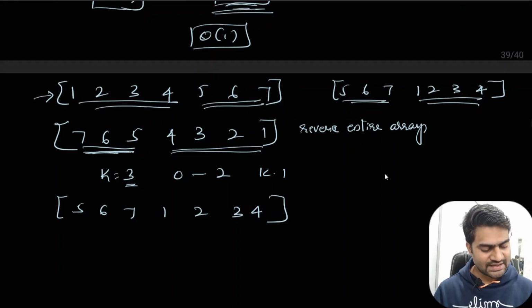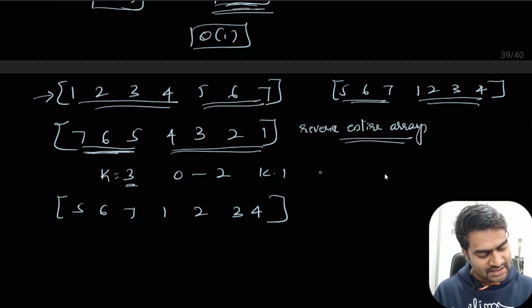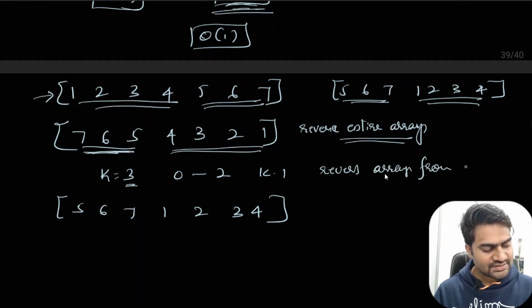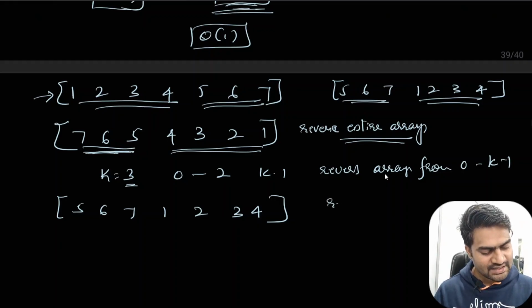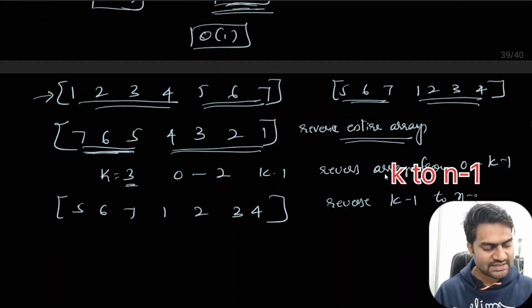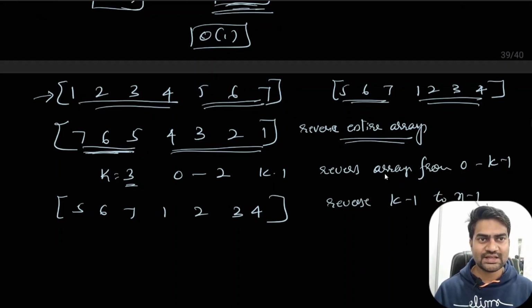So basically I reversed the entire array once, then reversed the array from 0 to k minus 1 index, then again reversed separately from k to n minus 1. We are following 3 simple steps. So with this we will get our rotated array.